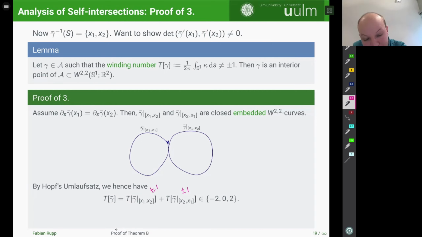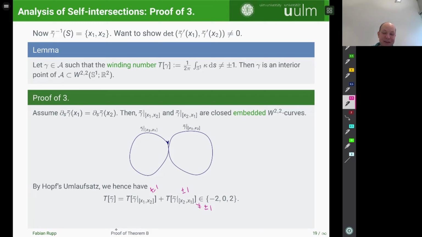So in particular, the sum is never equal to plus or minus 1. This means, by the lemma, that gamma bar is an interior point of the admissible set A, and hence, by the analysis before, it has to be an elastica, and by minimality, it then has to be the figure 8.